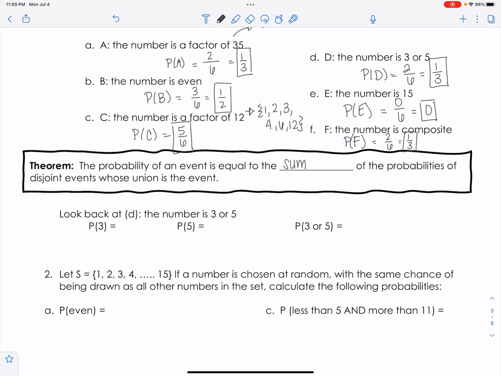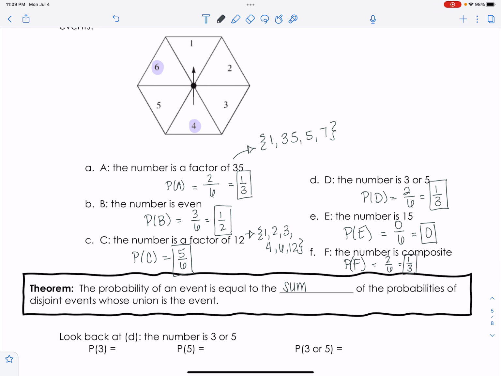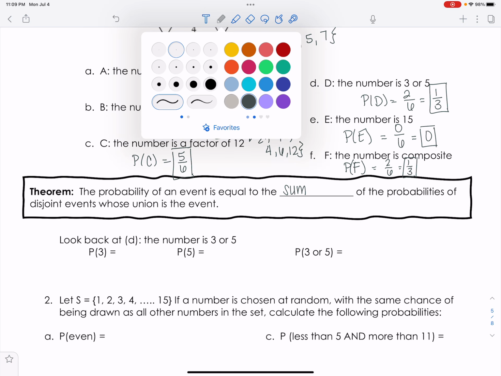So let's look back at event D. The number is 3 or 5. Well, what's the probability of spinning a 3 on my spinner? The probability of spinning a 3 would be 1 out of the 6.